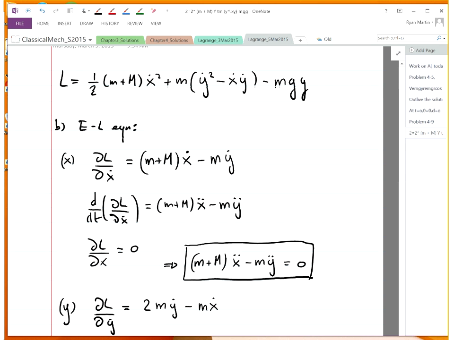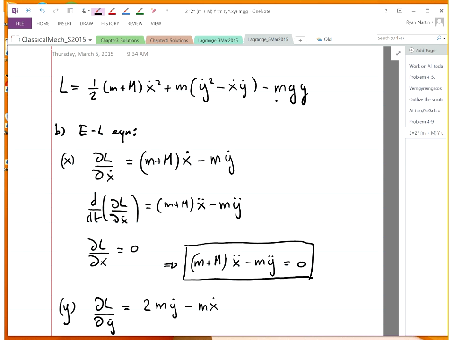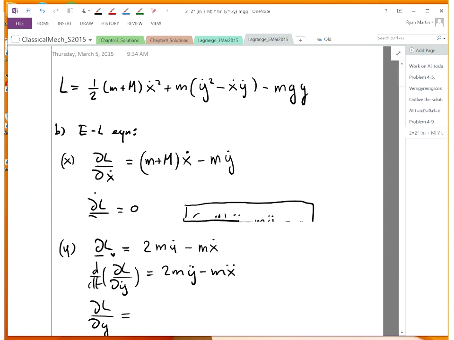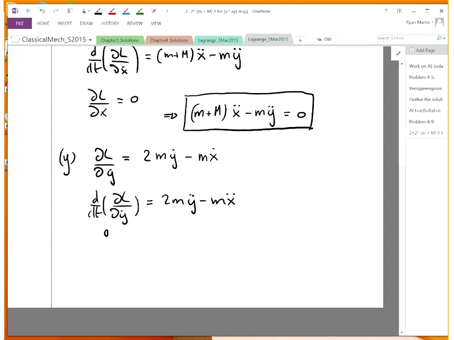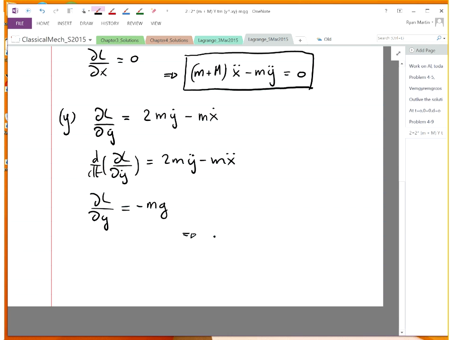The last thing we need is ∂L/∂y. The only time we have a y is the minus mgy term, so if I differentiate that with respect to y, I get minus mg. Putting it all together, I have 2m y double dot minus m x double dot, and if I move that to the other side, I have that equal to minus mg.